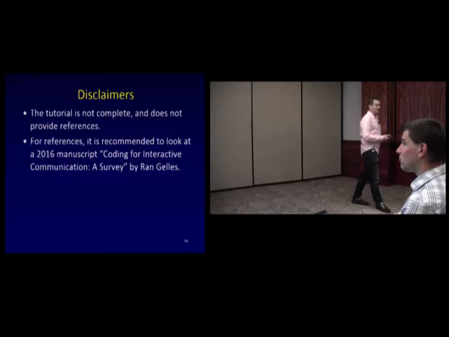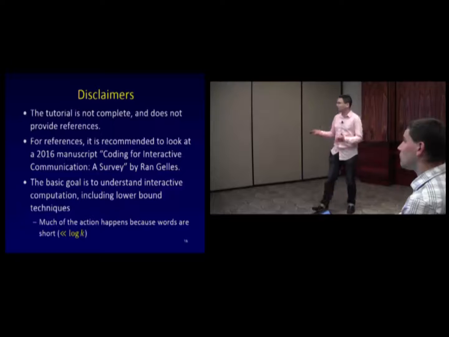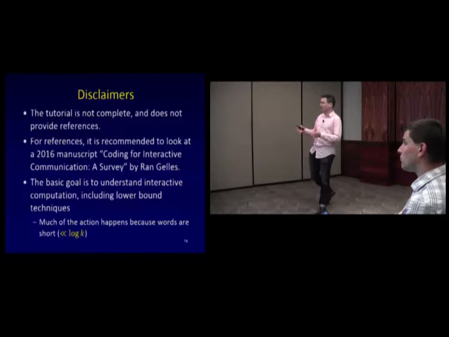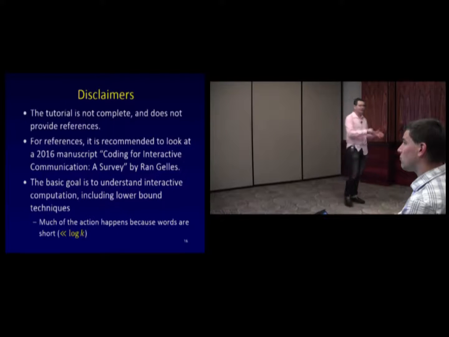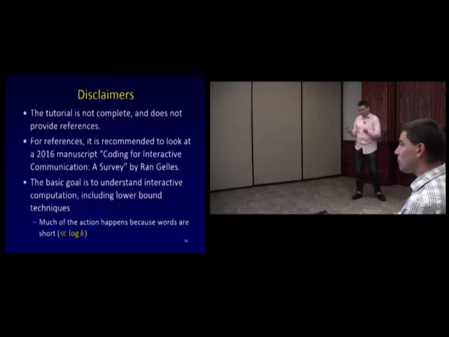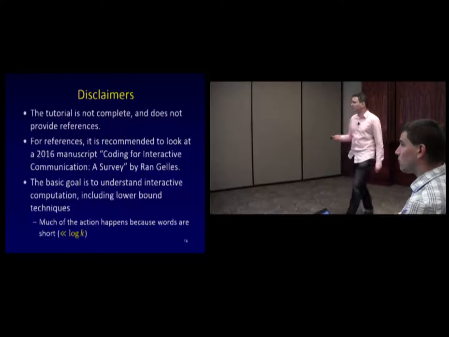Initially I was hoping to include something comprehensive in this talk, but I'll try to focus on some specific ideas and directions that have a more general flavor. If you want very specific questions, it's better to refer to the survey.